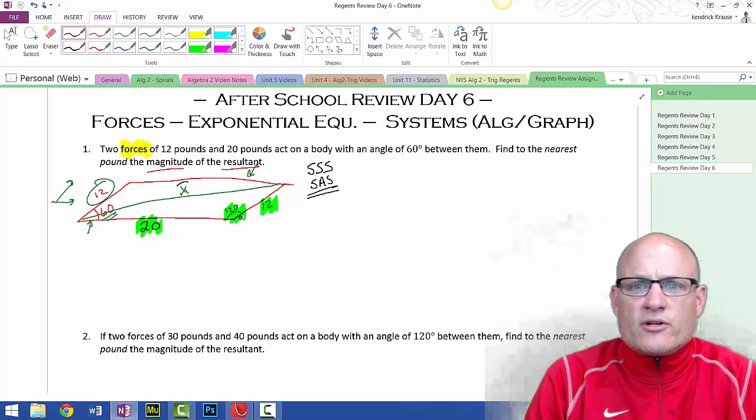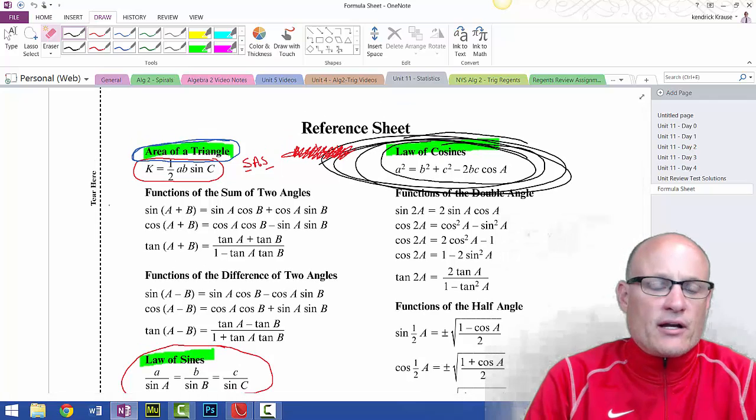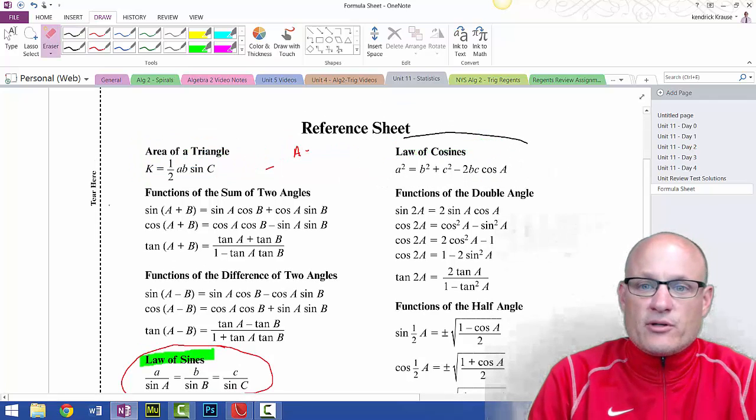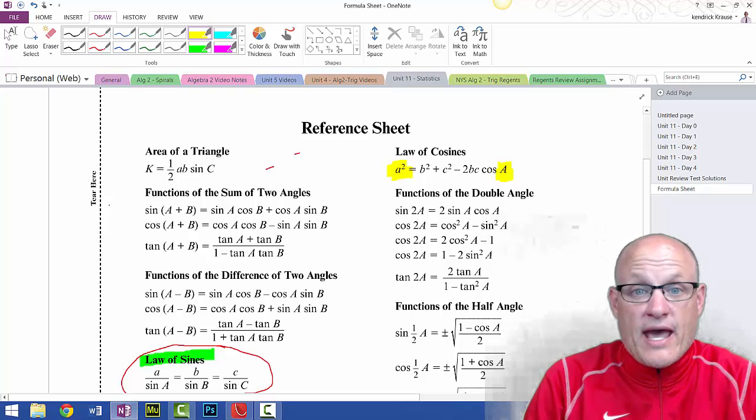If you look at your law of cosines, which I've highlighted from my last videos, it's very simple. The big thing is that whatever you're looking for, either an angle or a side, must go at the beginning or the end.